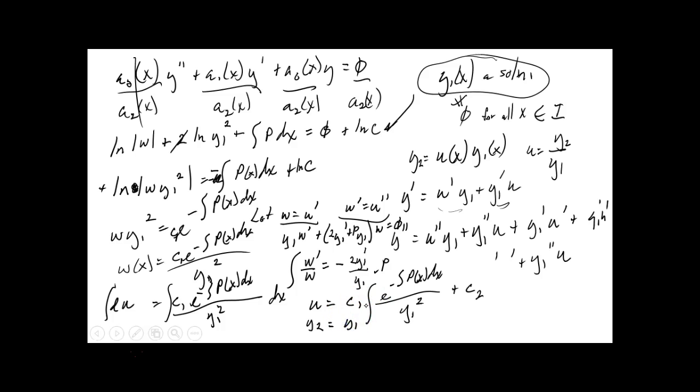Now we chose C1 to be 1, so we've gotten rid of that, of x times this integral right there. I'm not going to write it again. And we chose that one to be 0. So this integral right here, we'll put right there.